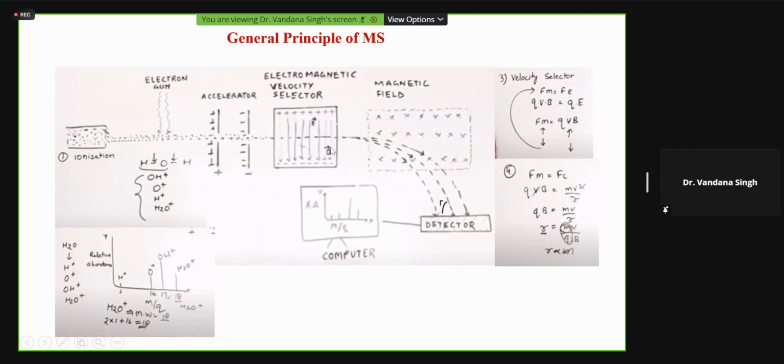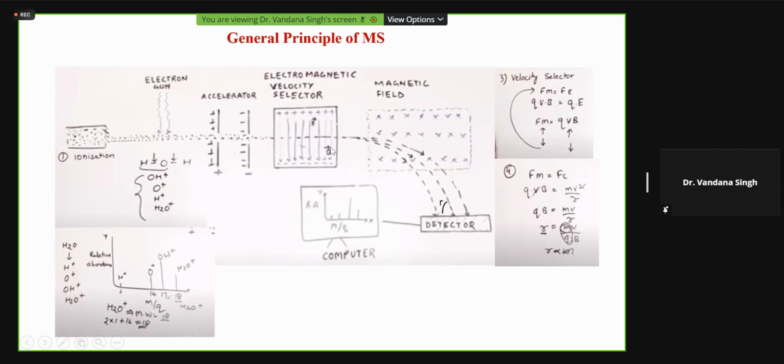To simply describe the analyzer, I have made certain diagrams. This is the simplified portion of the mass spectrometer, where the ionization takes place. Then ions go to the analyzer, and from there they go to the detector.